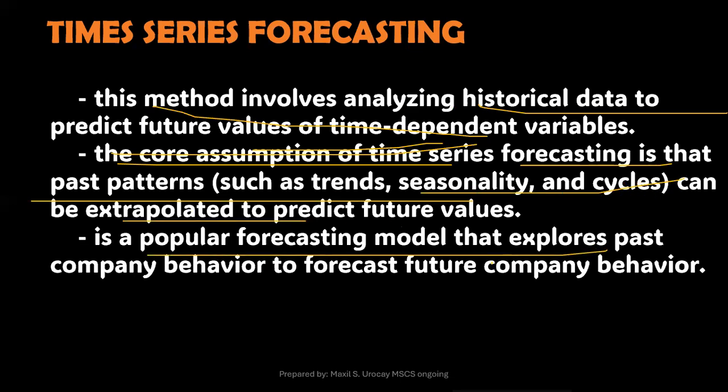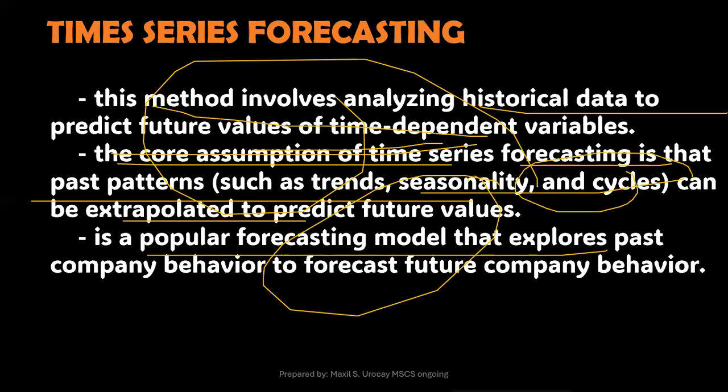It is a popular forecasting model that explores past company behavior to forecast future company behavior. That means here we are using the previous historical data in order to extract a certain amount of trend, or it could be seasonality, in the future.